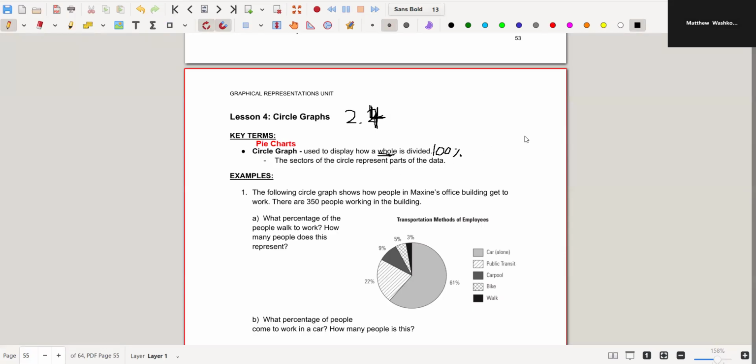I can't have a green part here that is blank, right? This needs to be something. So all your data needs to add up to 100%.